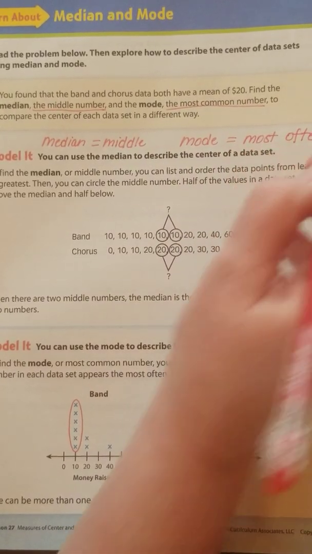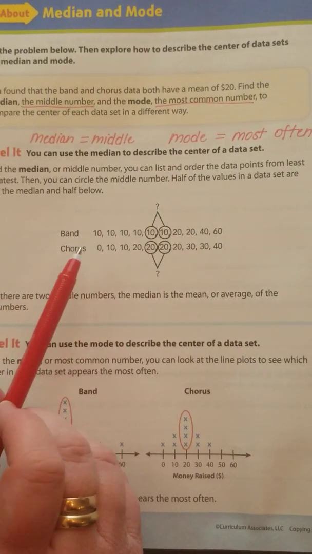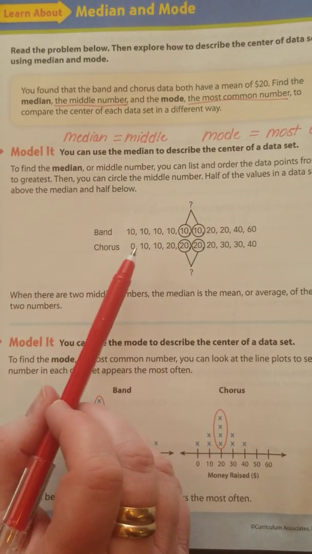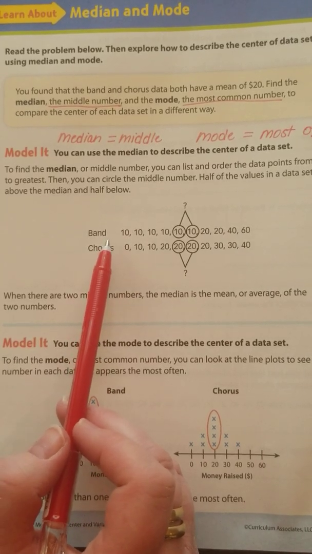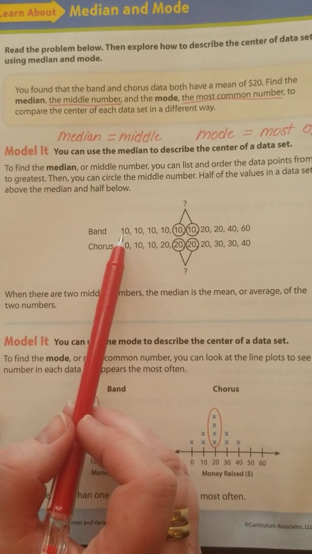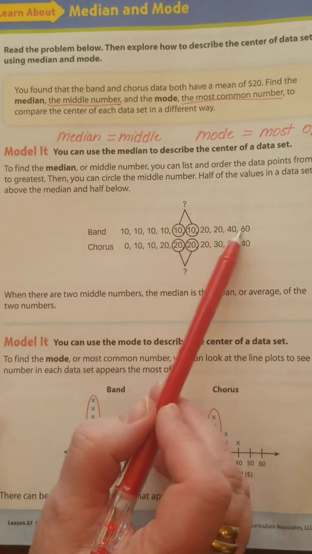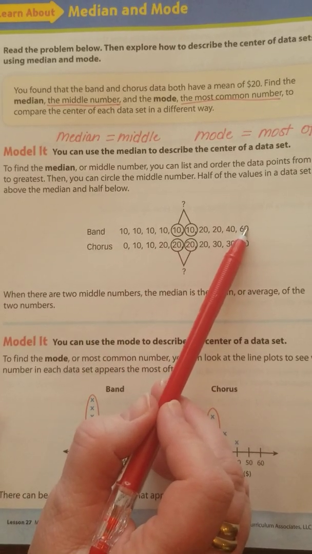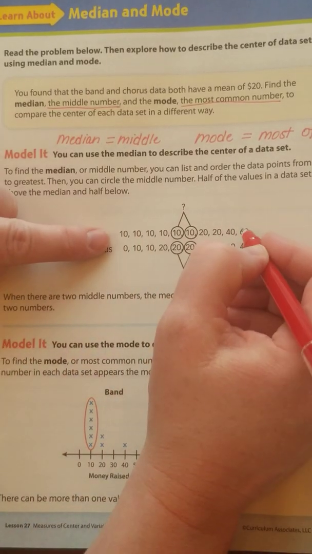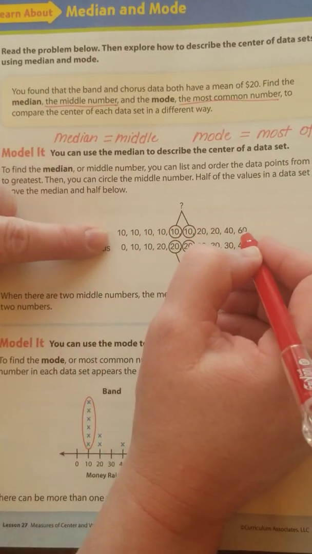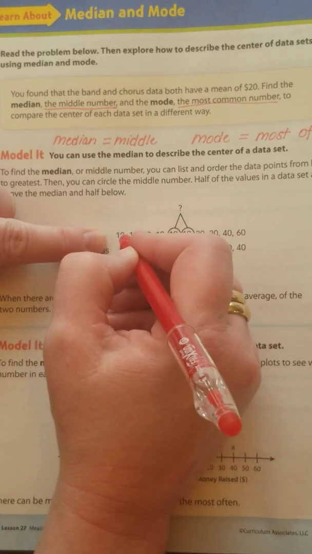All right. So here they are trying to find the median for the band and the chorus. The first thing you do when you find the median is start with the smallest number and list all the numbers out to the highest number. Then you find the number in the middle. So if we did the band, I'd list from 10 to 60, and then I just start crossing off.